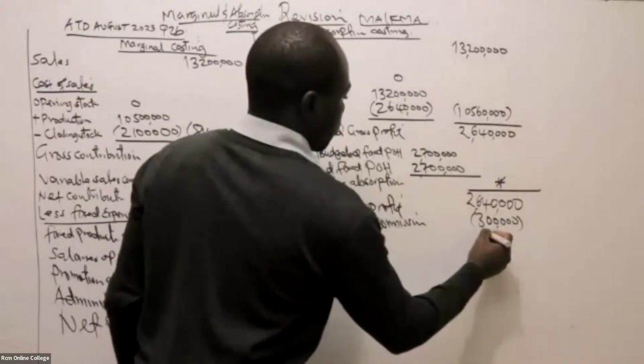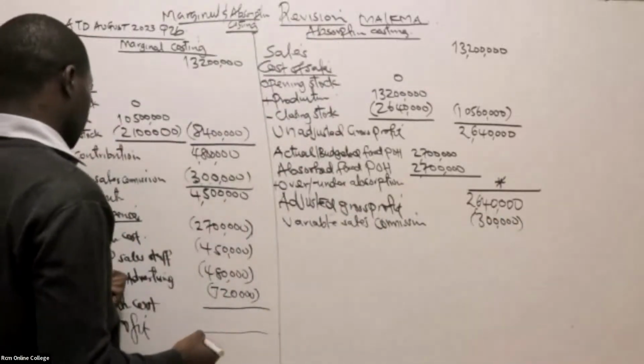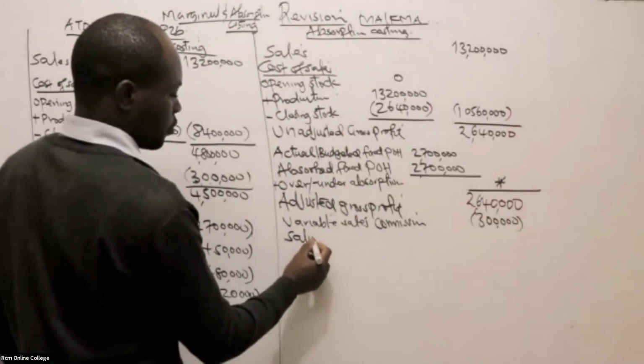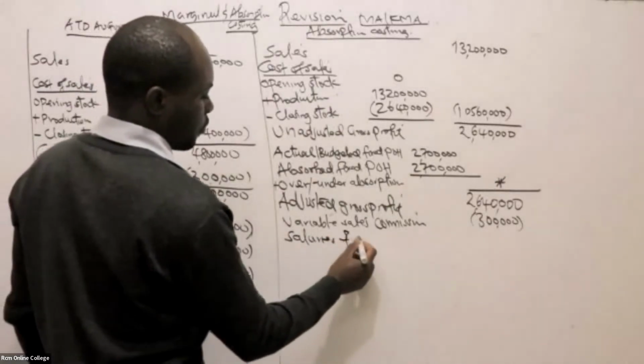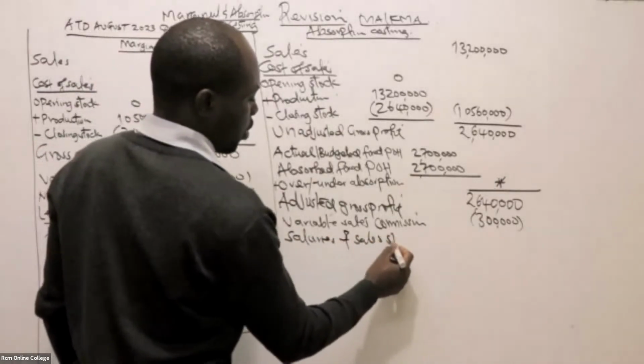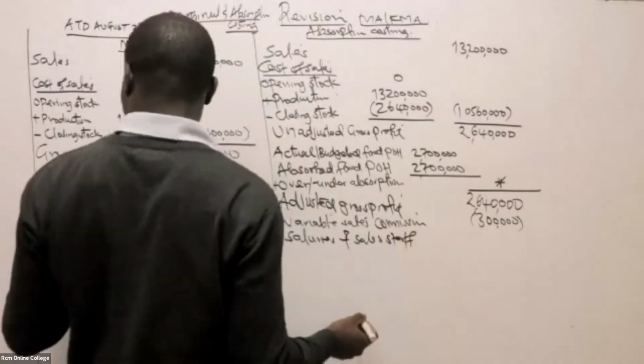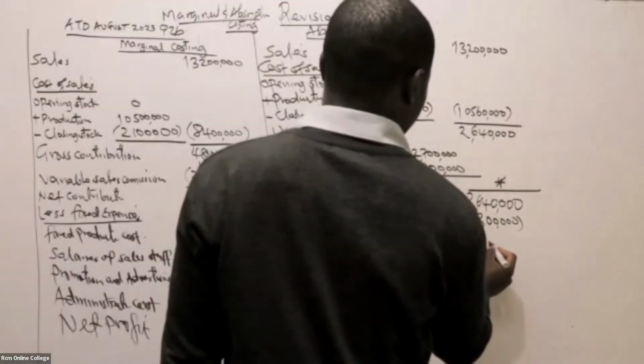All right. Then we go to salaries of sales staff. How much do we have? 450,000.